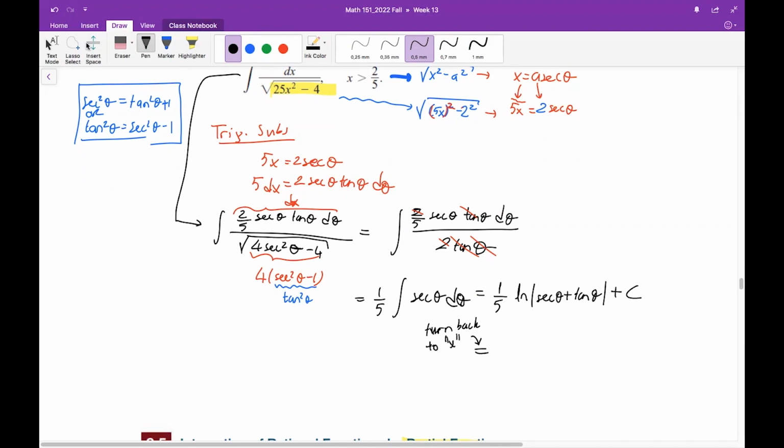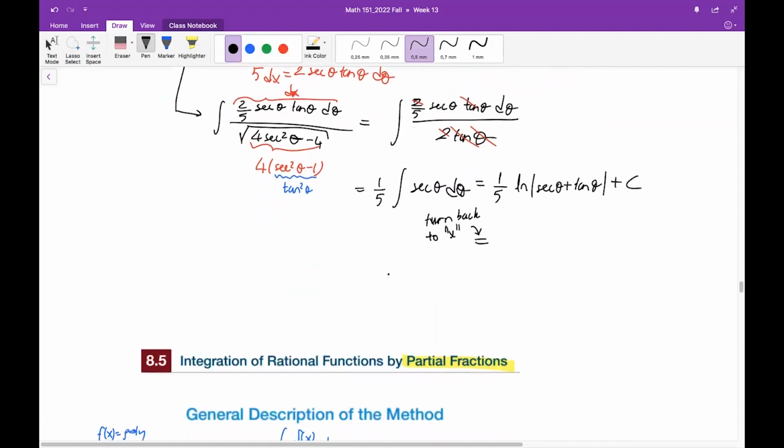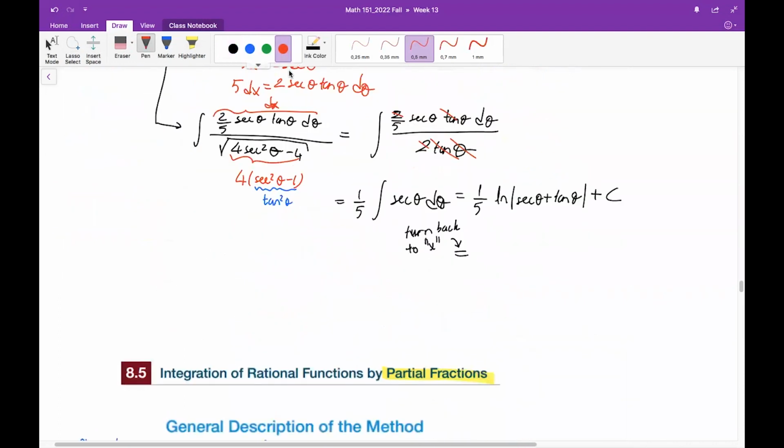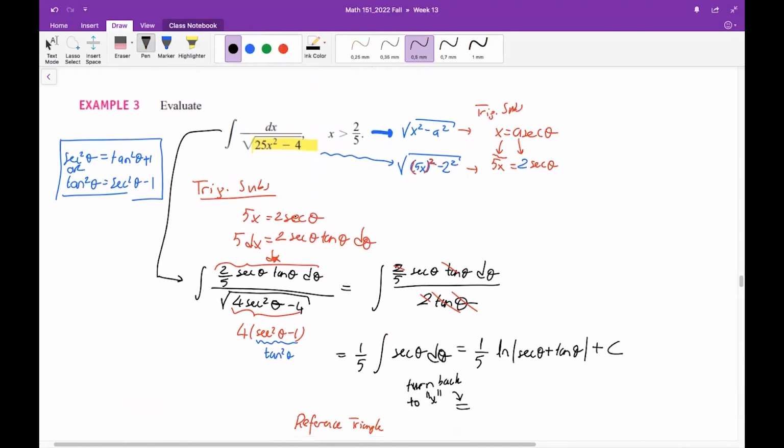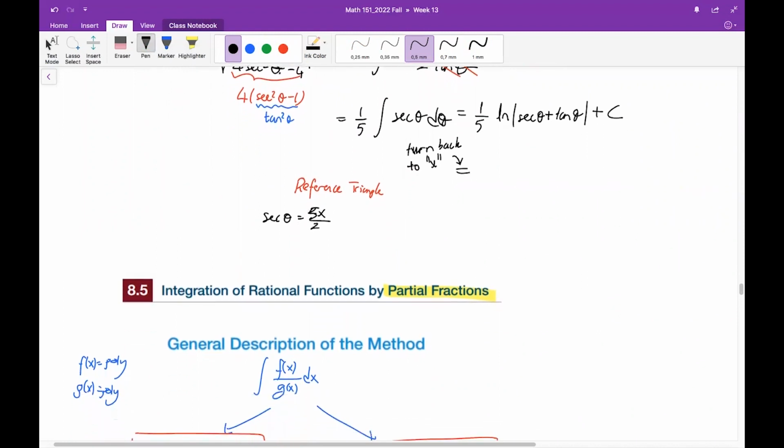Okay, what's the reference triangle here? Let's draw it in this part. So our reference triangle is drawn by using this first line. So here, what do you read about secant theta? Secant theta is 5x over 2. So secant theta is in fact 1 over cosine theta.